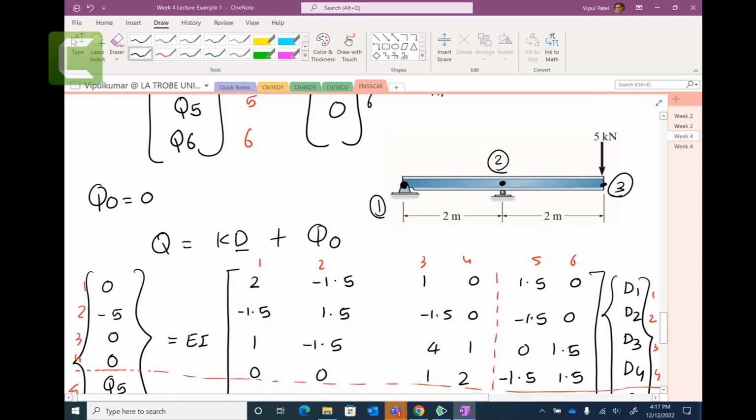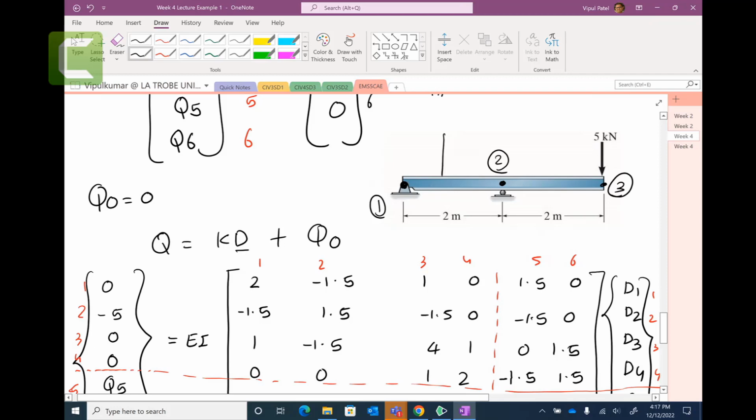You look at the load, 5 kilonewtons. Where is it acting? There is only one force, 5 kilonewtons, and that load is acting at node number 3. It's not acting slightly left of the node, but exactly at the node. Therefore, Q0 is 0.